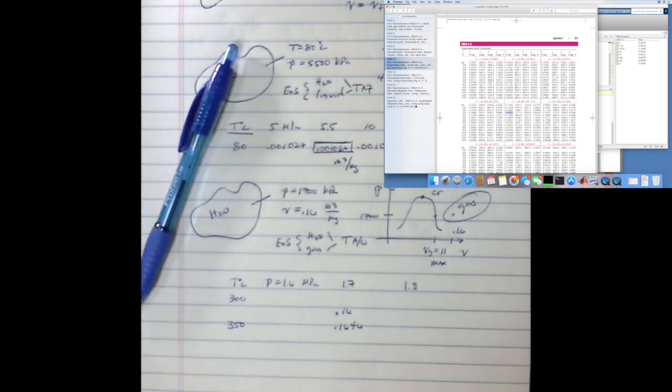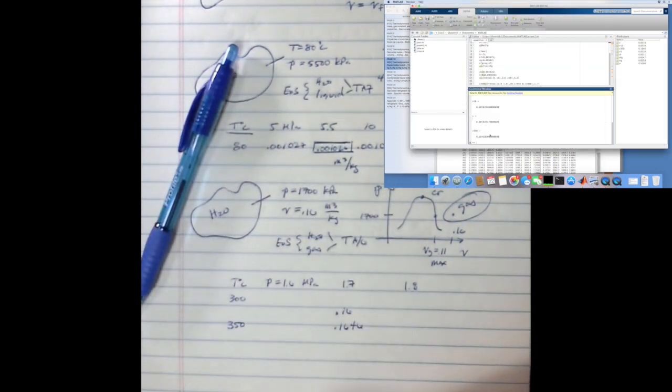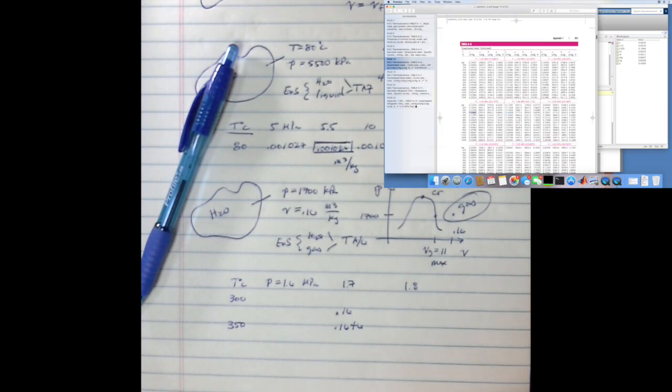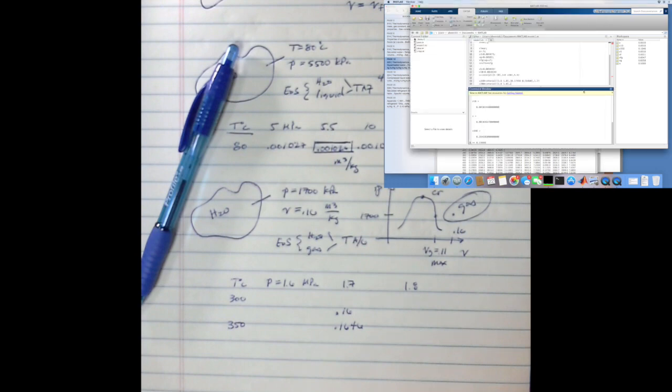So at 300, let's calculate V at 300. And all of this is going to be copied until we get to right here when we grab our 300 values.